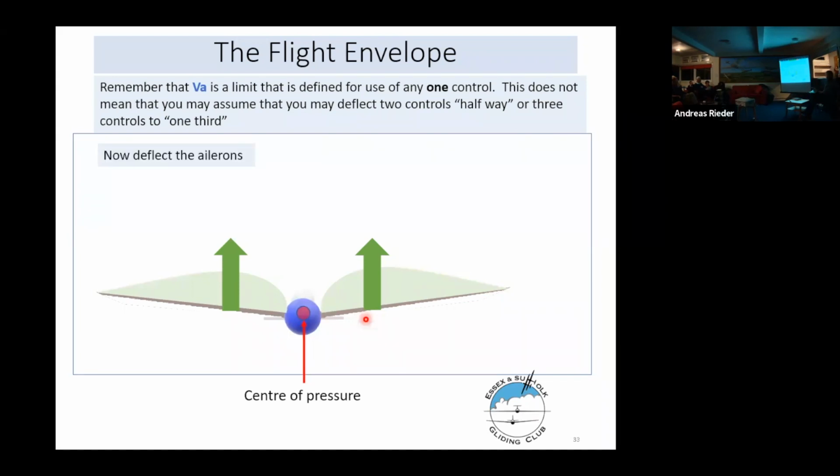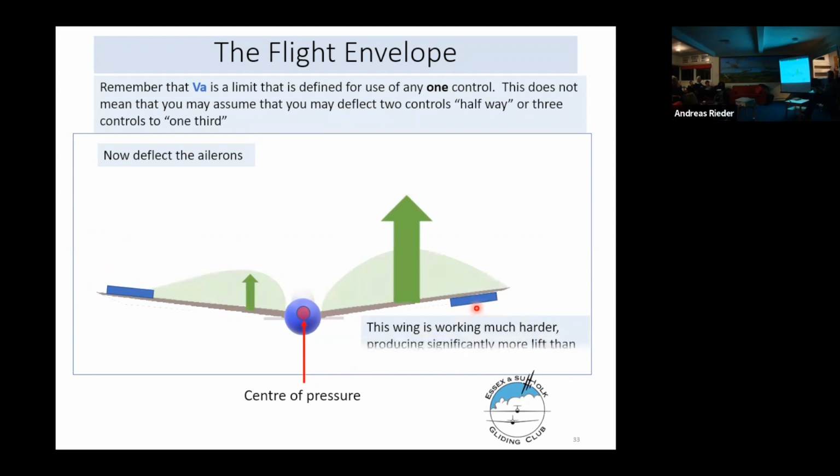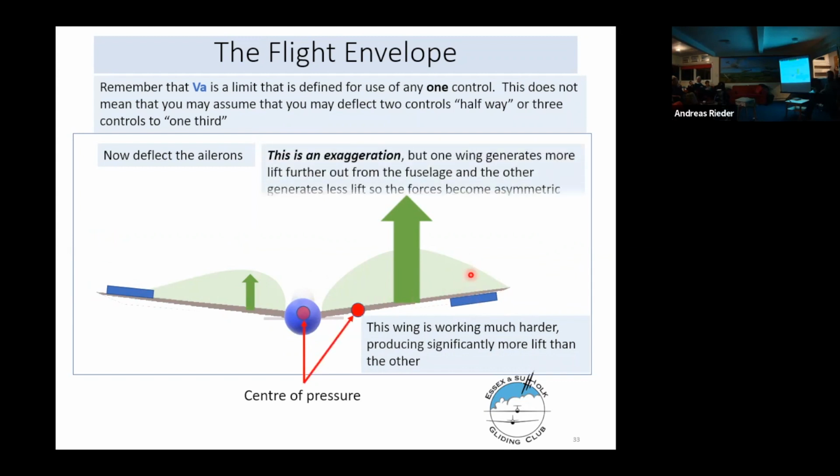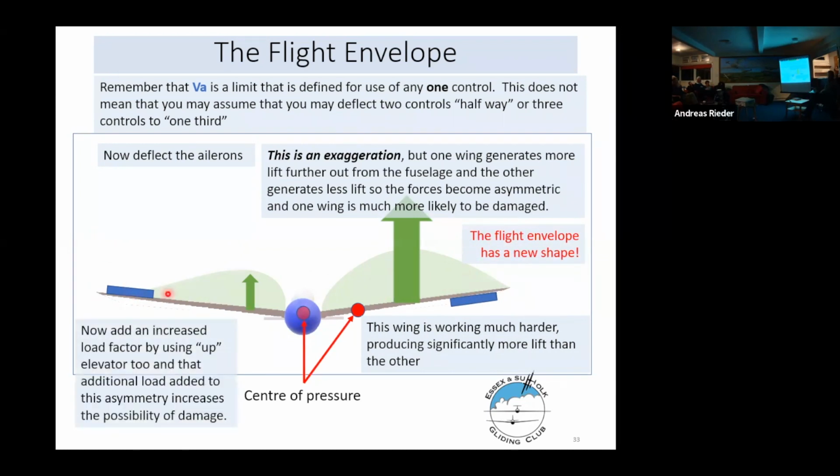Now, what happens if we deflect the ailerons? If we deflect the one to our left upwards and the one to our right downwards, this is an exaggeration, but we generate more lift on this wing. We generate lift here, which we didn't before, and we generate no lift there. So the lift profile changes dramatically, and the amount of lift generated by this wing and by this wing changes dramatically.